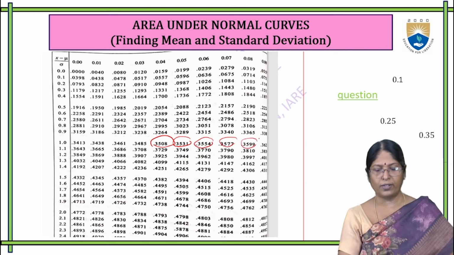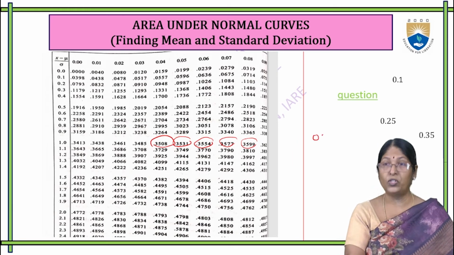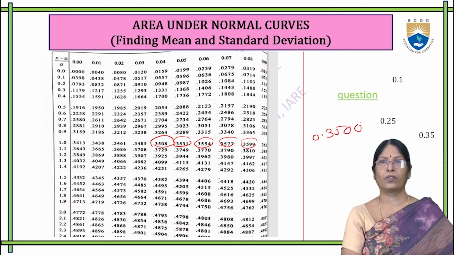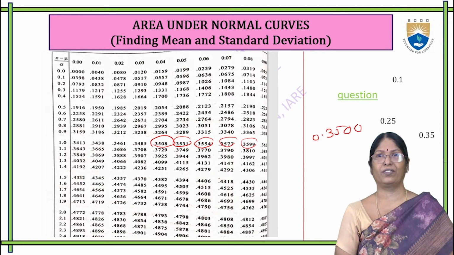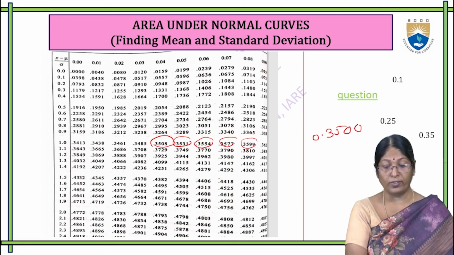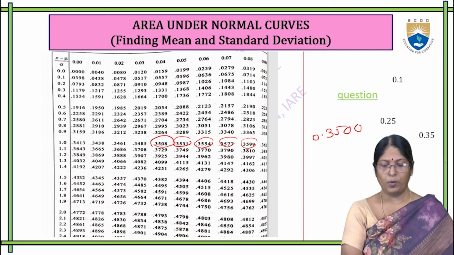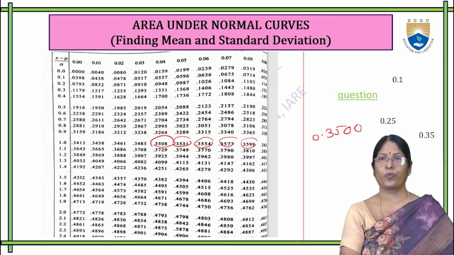I circled 5 data. We needed 0.3500. Which data is nearer? We will select 0.3508, because compared to 0.3531, compared to 08 it is more.